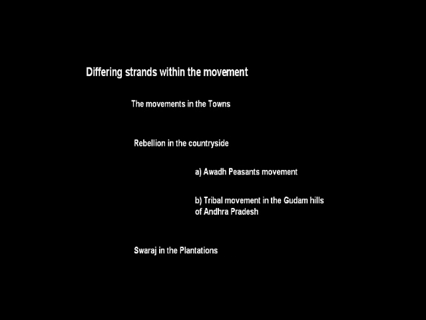So if we start this heading, differing strands within the movement, as I was discussing, why are we going through these topics again and again? Here in this chapter we have to discuss the loopholes or shortcomings of the movements because of which they were not able to achieve success.